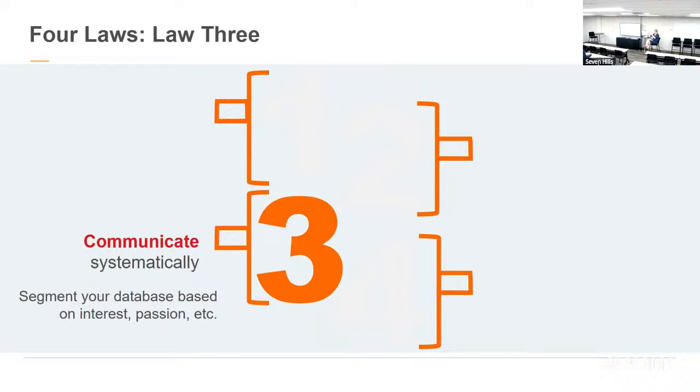So for instance, shared interests, okay? Maybe it's March Madness, right? Basketball is a shared interest that I have with a lot of people in my database. So if I was a real estate agent, I would definitely make sure that I would have everyone in my database that's also a sports enthusiast tagged that way.